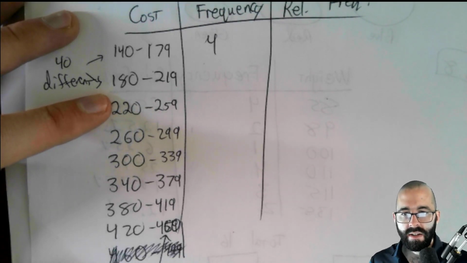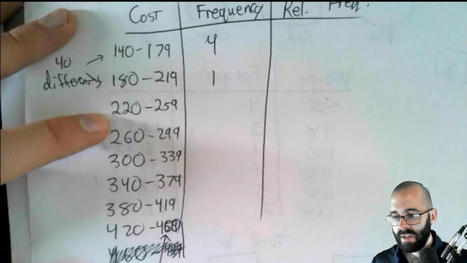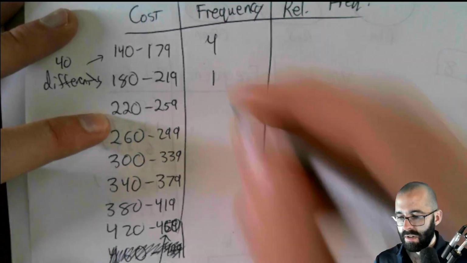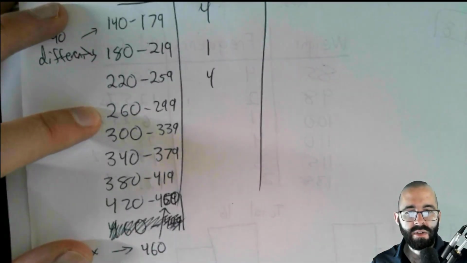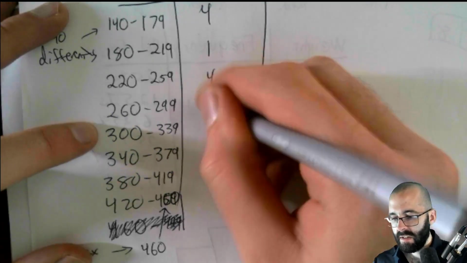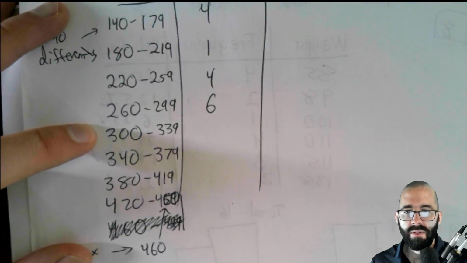180 to 220 should just be 1. 220 to 259, 1, 2, 3, 4. 260 up to 300, 1, 2, 3, 4, 5, 6. 300 to 340, 1, 2, 3, 4, 5, 6, 7, 8, 9, 10.